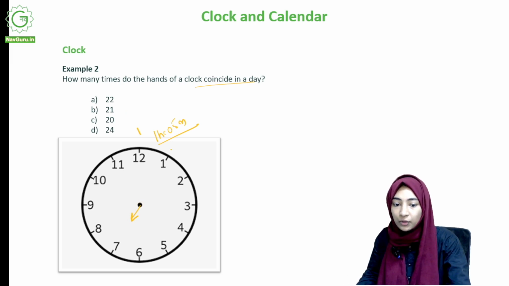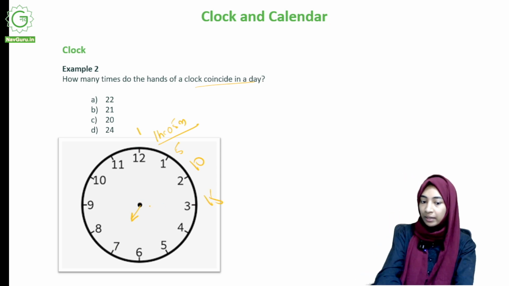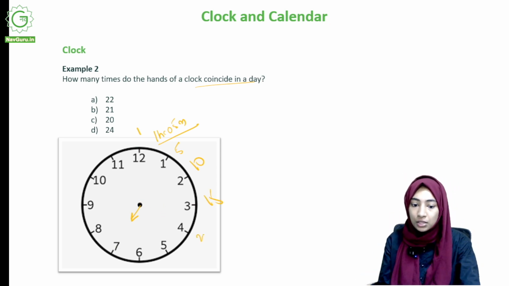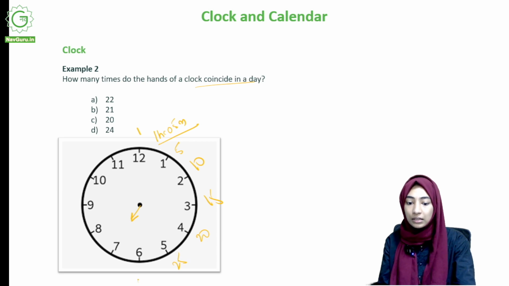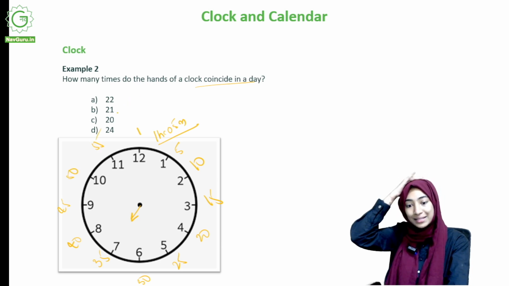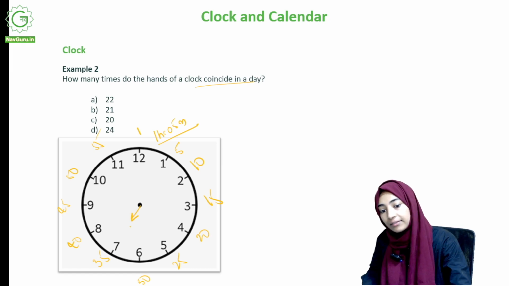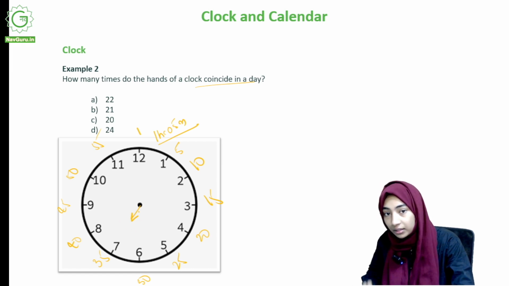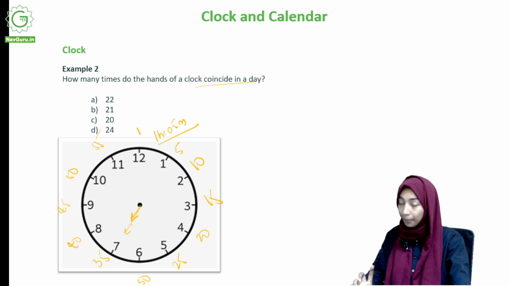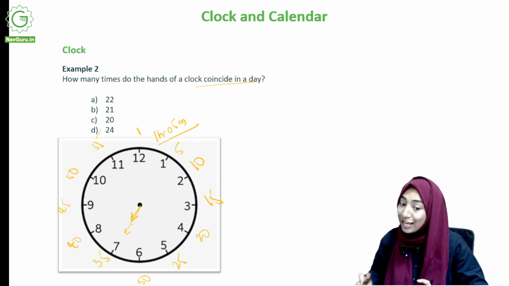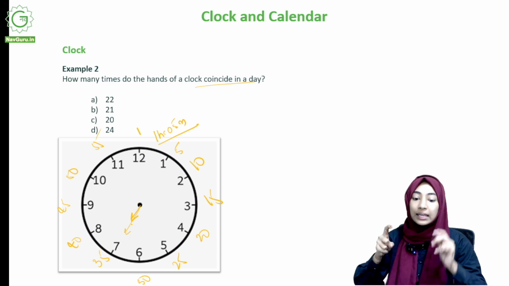In terms of minutes, this is 5, 10, 15, 20, 25, 30. So if I say 7:35, we might think this should work, but the catch here is at 7.